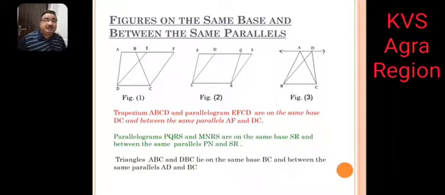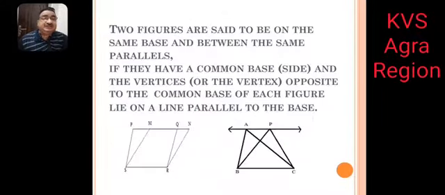In figure 2, parallelogram PQRS and parallelogram MNRS are on the same base SR and between the same parallels PN and SR. Now, in figure 3, triangle ABC and triangle DBC lie on the same base BC and between the same parallels AD and BC.